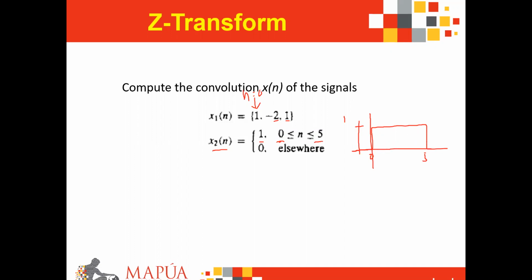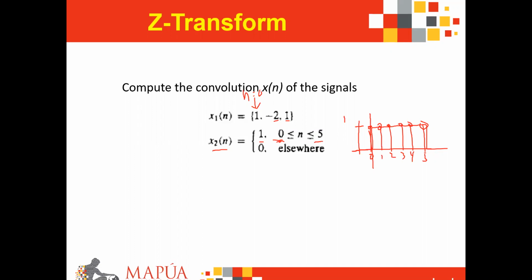Or if you want, I could make this sticks to make it a discrete signal. All 1s, 1, 1, 1, 1, 2, 3, 4, 5. All 1s. It starts from 0, so there are actually 6 sticks of 1, starting from 0 all the way to 5.